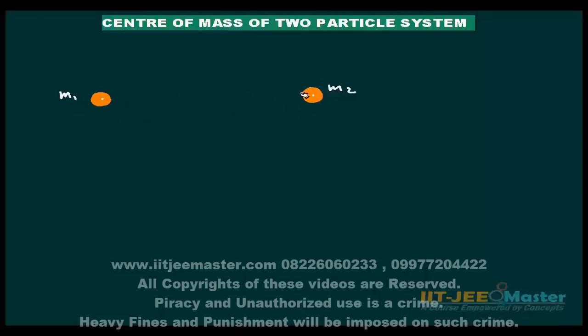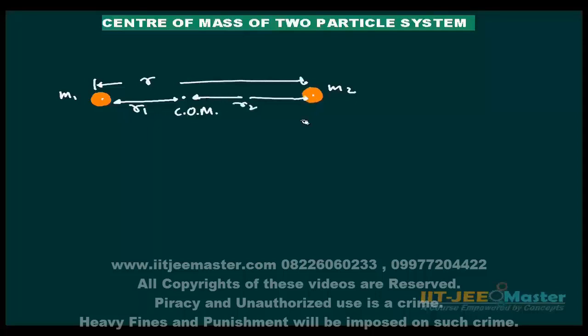Now we will find the center of mass of this system of two particles. Suppose the distance between them is r, and the center of mass is somewhere here, and this distance is r1, and this distance is r2. So we have to find the center of mass here.